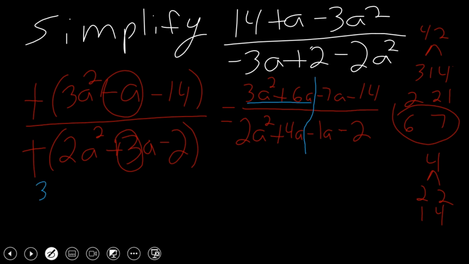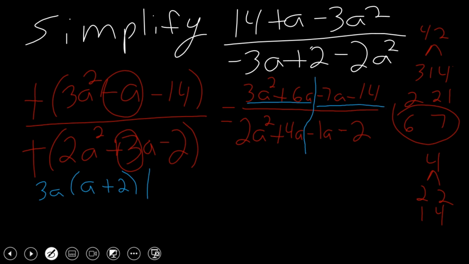So we're going to have a 3a, and then we're going to have a plus 2, because 3a squared divided by 3a gives us just an a, and then 6a divided by 3a gives us 2. And then the second portion, we're going to pull out a -7 because -7 goes into both of those parts.